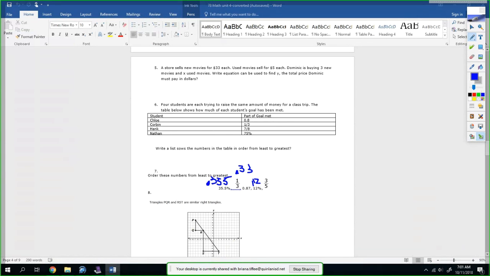And then 3/5 is 0.6. And so we're trying to do it from least to greatest again. So least to greatest will be 12%, 1/3, and go down another line, 35.5%, and then finally 3/5. So this is your starting point, and that's your ending point.